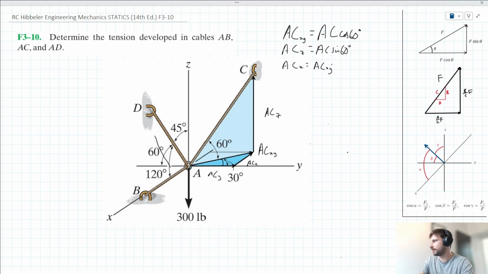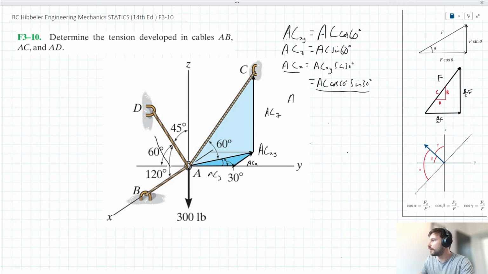sine 30. Okay. Now, we've expressed ACXY earlier as AC cos 60. So we can say this ACX is equal to AC cos 60, since AC cos 60 is the same as ACXY, sine 30. Now we have a nice convenient expression for the X component of AC.